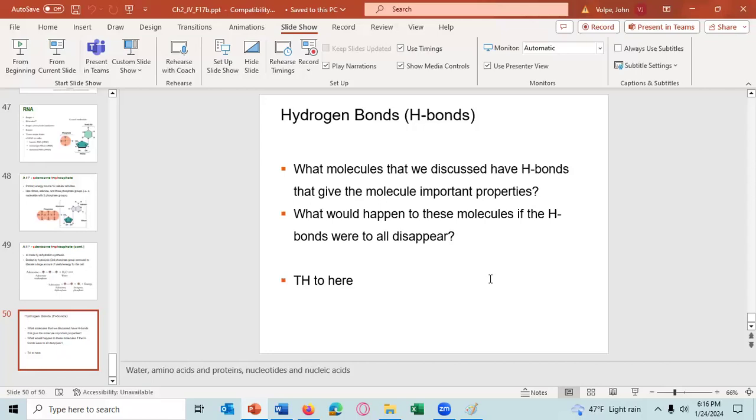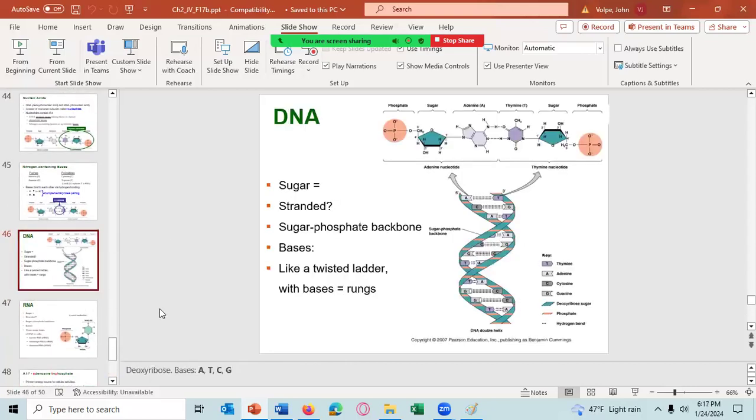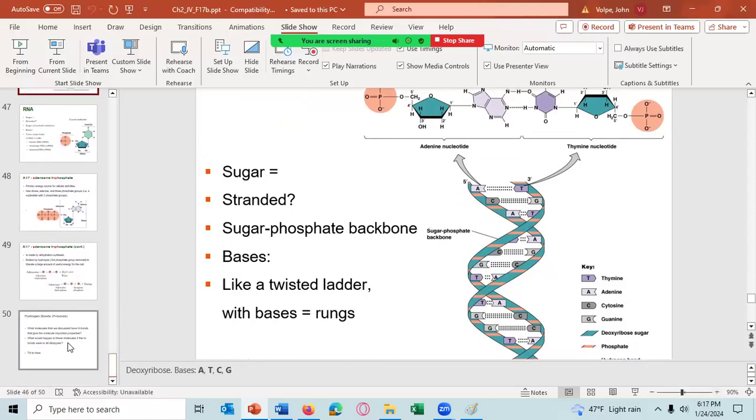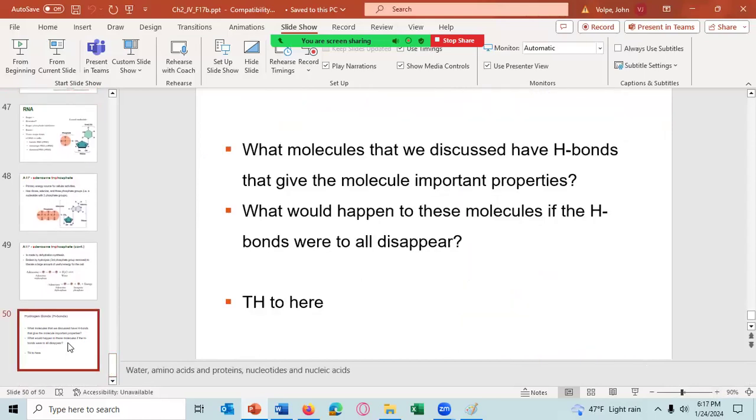Nucleic acids is the one I just wanted to mention because it's very important. Without the hydrogen bonds, you wouldn't get double-stranded DNA. The reason why we have double-stranded DNA is because of the hydrogen bonds forming between one strand with its complementary strand. And then lastly, what would happen to all these molecules, proteins, nucleic acids, and water, if all of these hydrogen bonds were to suddenly disappear?